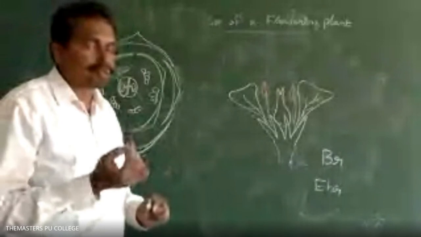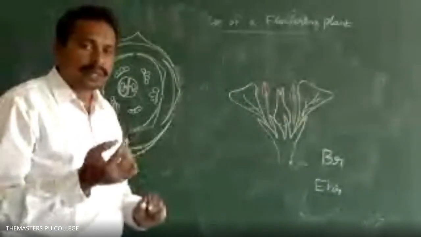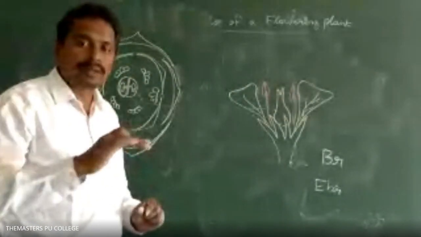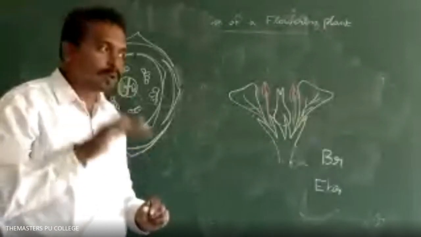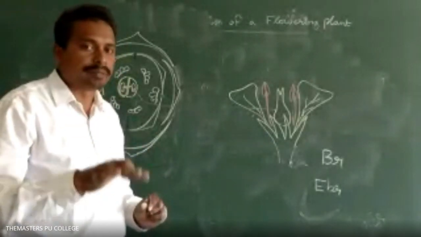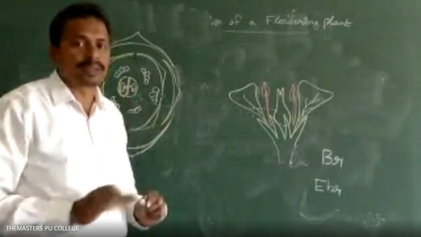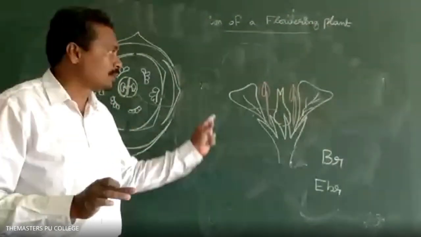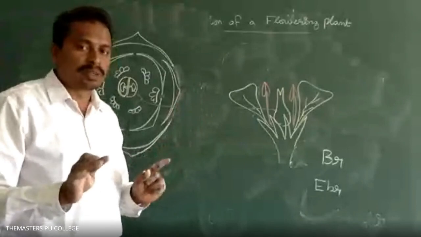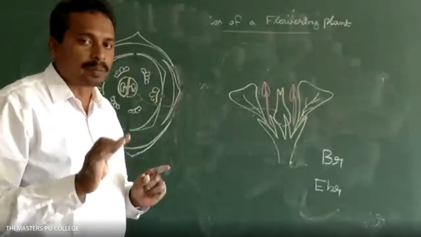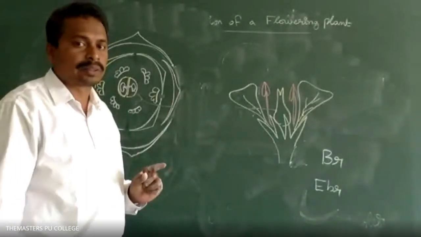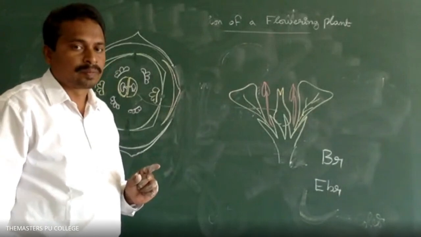If the plant has parallel venation in leaves, one cotyledon in a seed, and a fibrous root system, that plant is a monocot. The floral diagram and floral formula do not give information about whether it is a dicot or monocot. Is it clear?